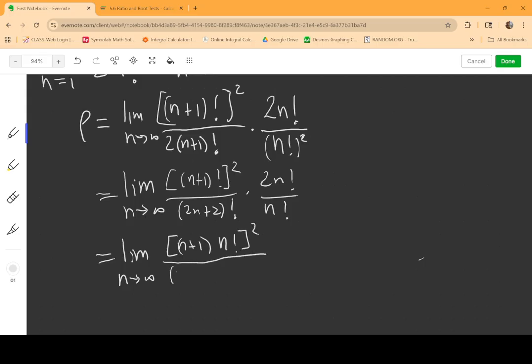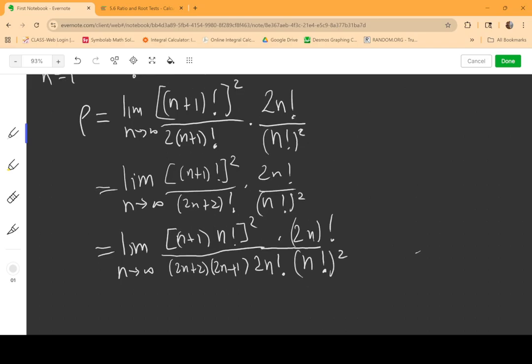And then in the denominator we'll start with 2n plus 2, subtract 1, so 2n plus 1, and then subtract 1 again, and that's just 2n, and then I'll stop there. You'll see why in a second. So when I multiply that by (2n) factorial over (n factorial) squared.